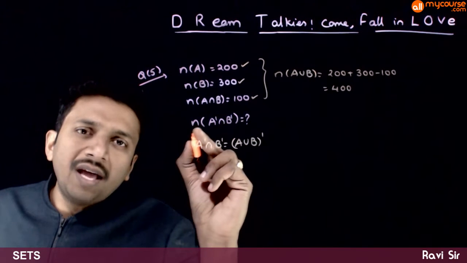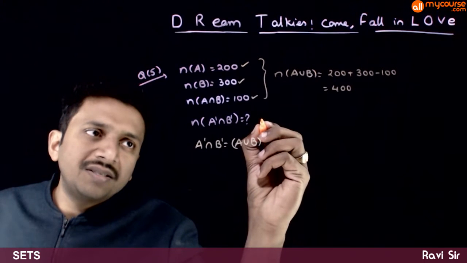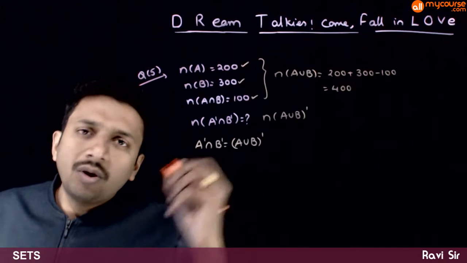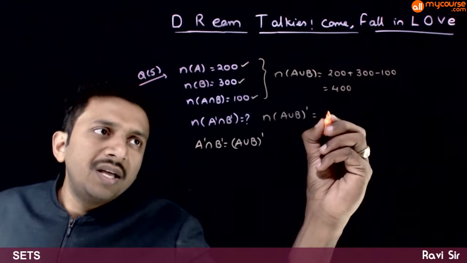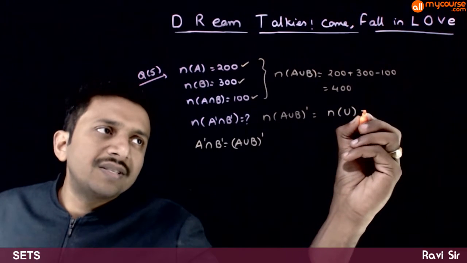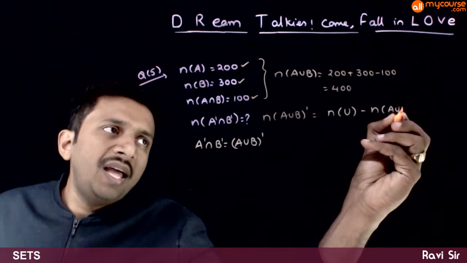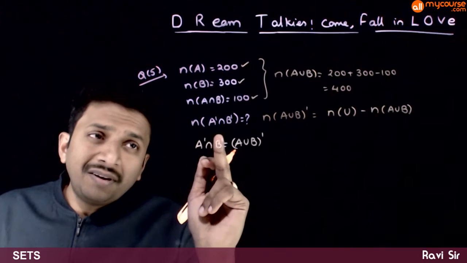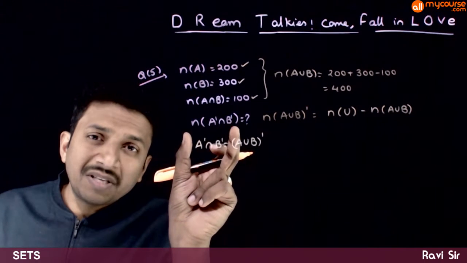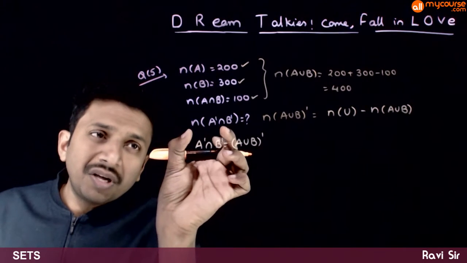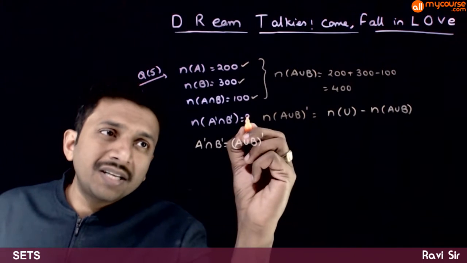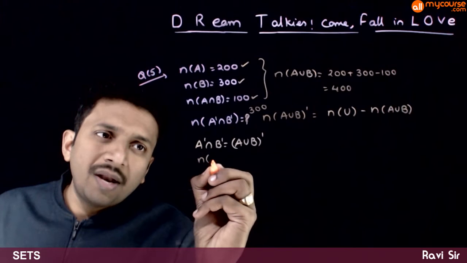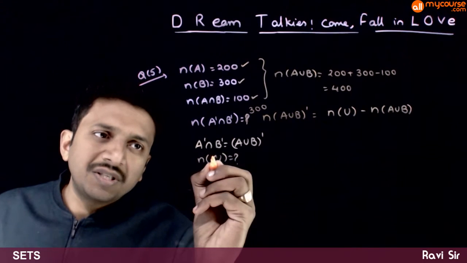So n of A complement intersection B complement is n of A union B whole complement, that is equal to number of elements in universal set minus n of A union B. So now, sorry, I have misinformed the question. In this question, you're given that n of A complement intersection B complement is equal to 300. If so, n of U is equal to how much? That's the question.